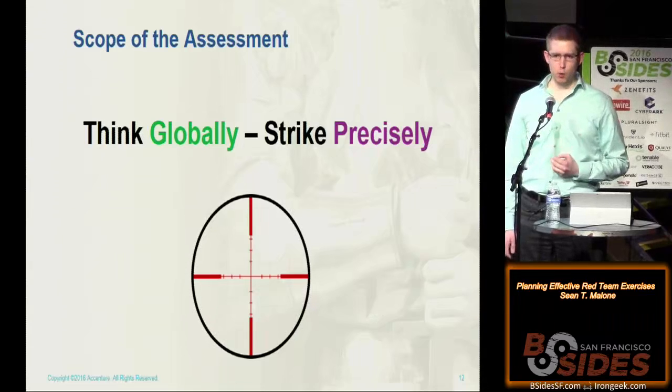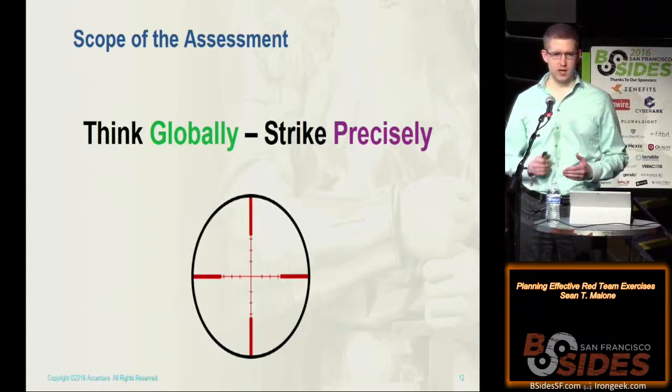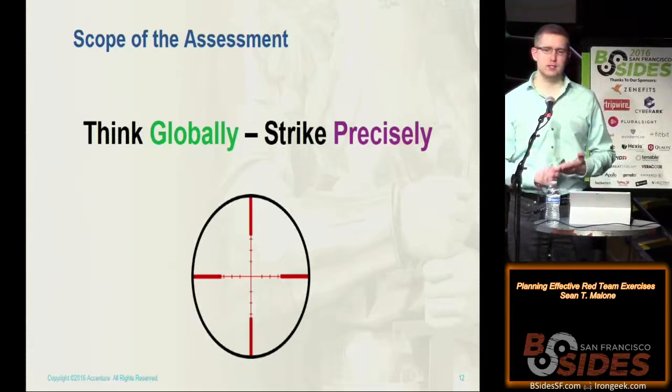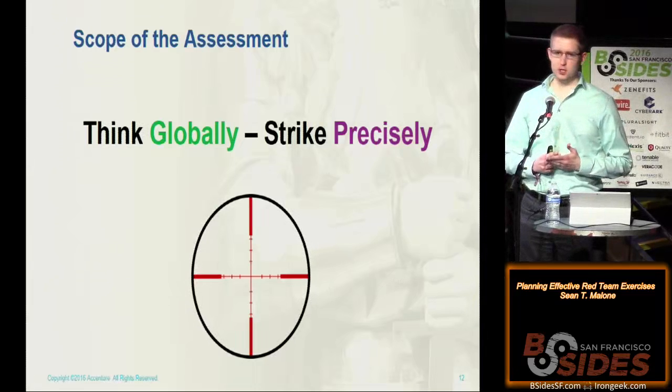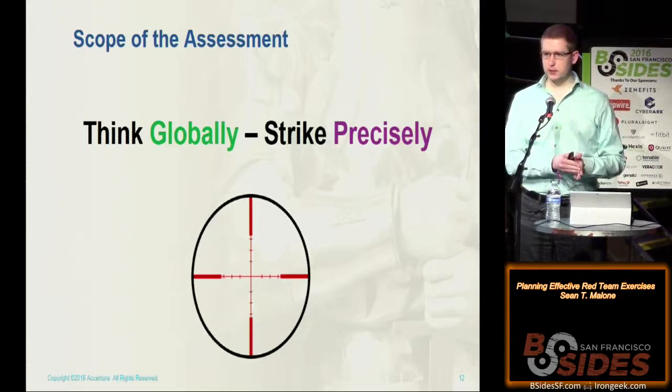Eventually, we get to the point where we have this very broad and deep level of access. We have access to domain administrator accounts. Yes, we target them, but that's not the end objective. We may have access to SSH keys that provide access to a majority of the Unix environment, whatever it may be. Once we have this access, then it's time to strike precisely.